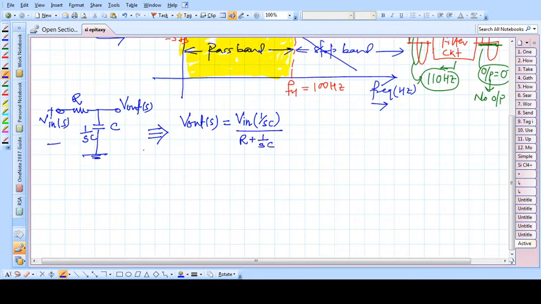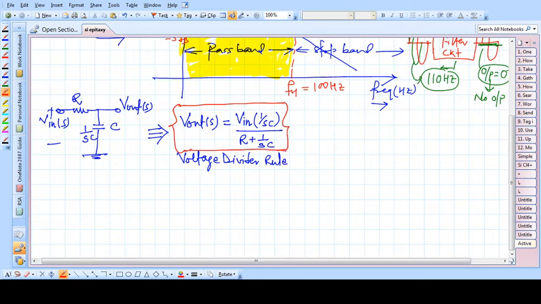Using the voltage divider rule, we are just applying the basic voltage divider rule. This expression is from simple network theory.